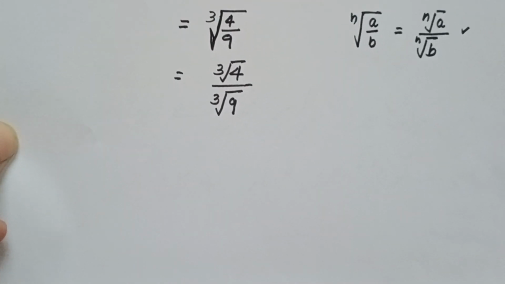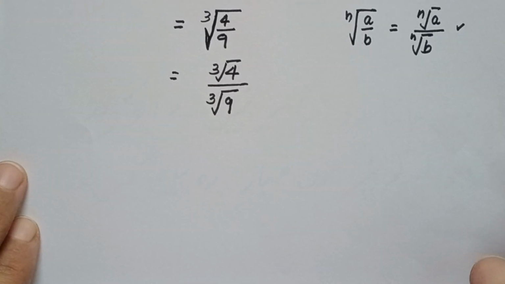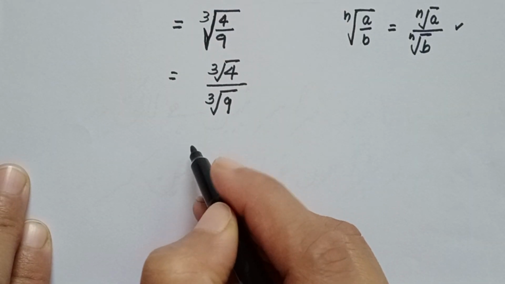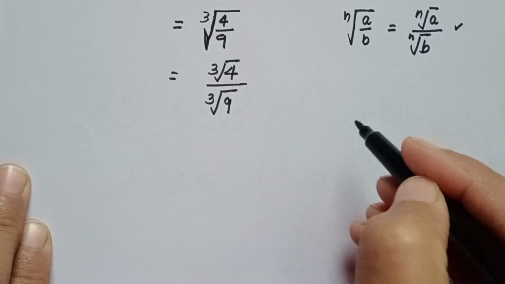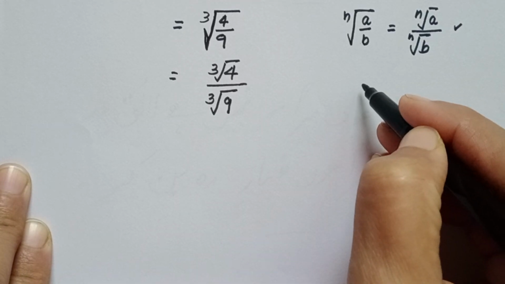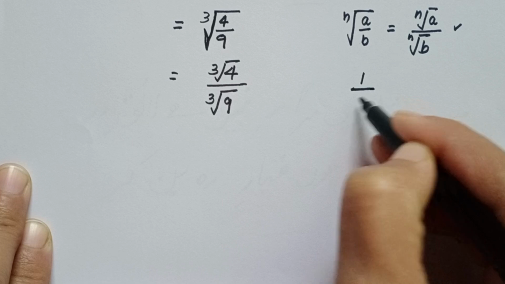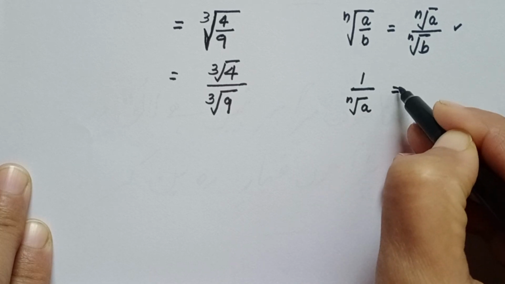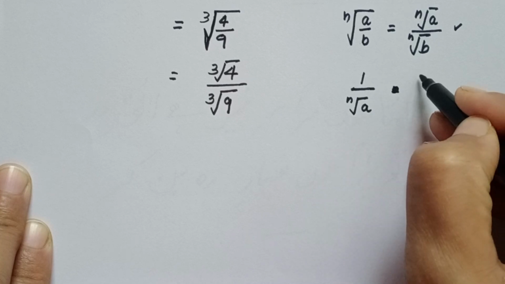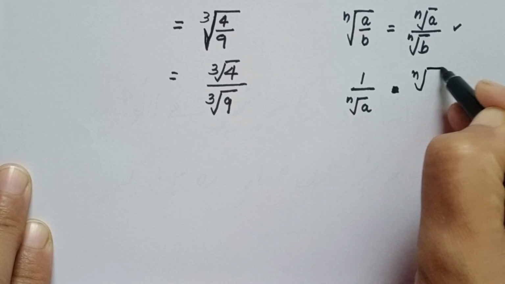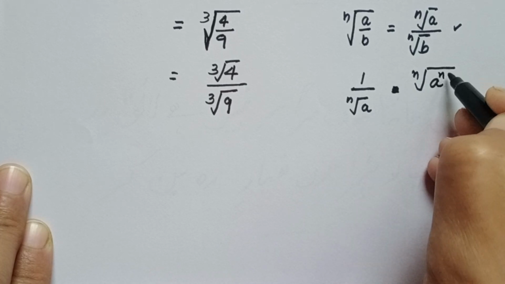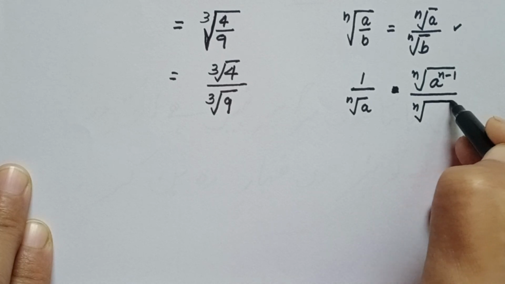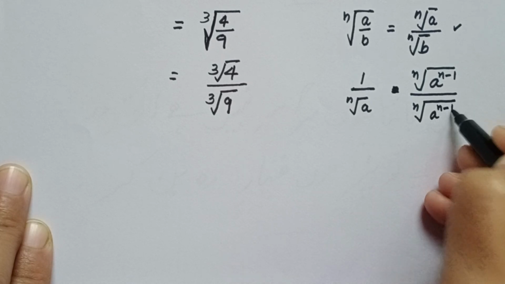So from here, we will use another very well known rule, that is if 1 over the nth root of a is given, then we can multiply by the nth root of a to the power n minus 1 over the nth root of a to the power n minus 1.